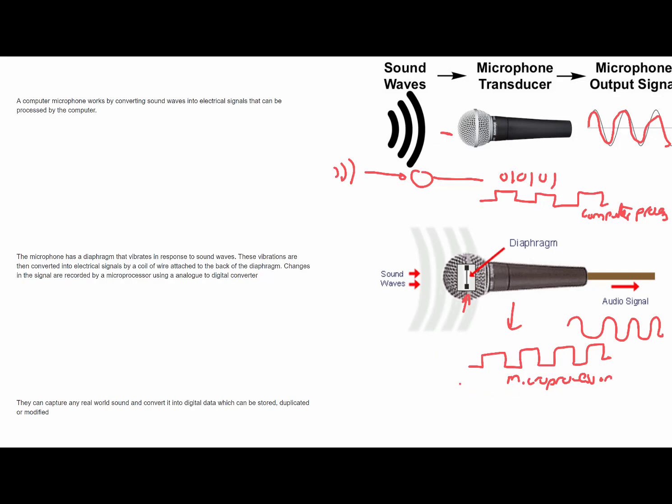And it's basically turned from analog sound waves to digital. There's a coil attached to the back of the diaphragm, which is able to basically do the conversion from analog to digital.